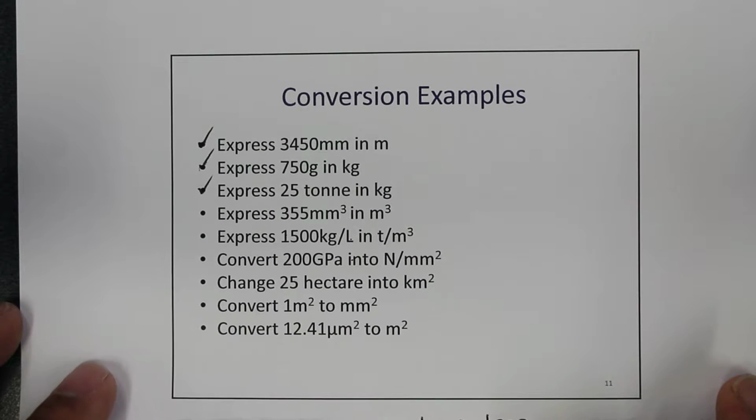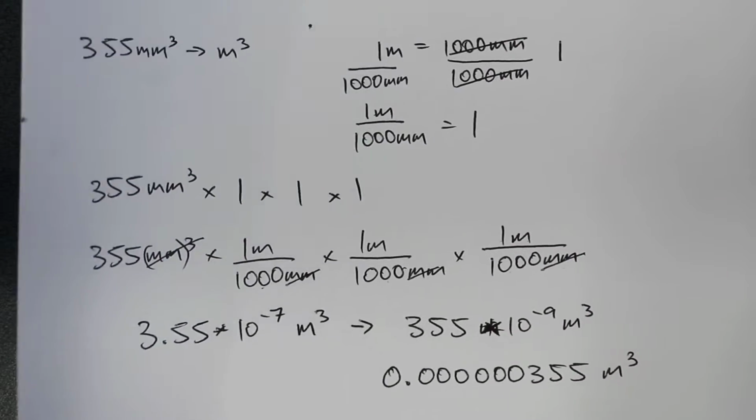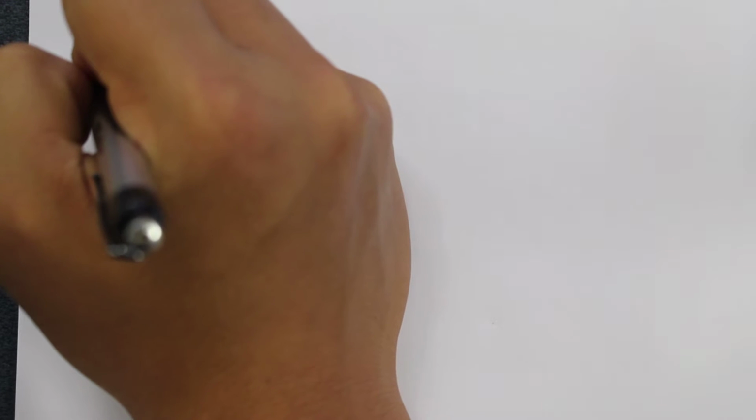Alright, so we'll go on to the next question, which is expressing 1,500 kilograms per litre in tons per meter cubed. So the question that we have here is of 1,500 kilograms per litre, and we want to change this into tons per meter cubed.